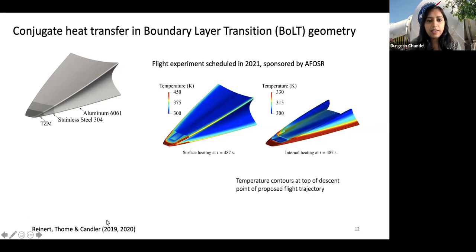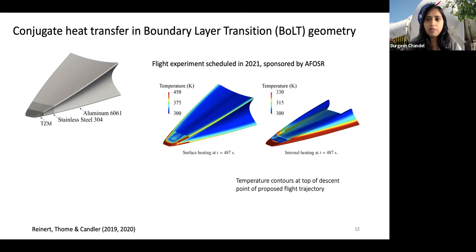So again, my colleagues developed techniques to do the conjugate heat transfer. Another thing to mention is the BOLT flow physics itself and the stability analysis. It's a big research topic. Many of my colleagues are working on that, and even Professor Candler will be talking about BOLT flow tomorrow in his talk.